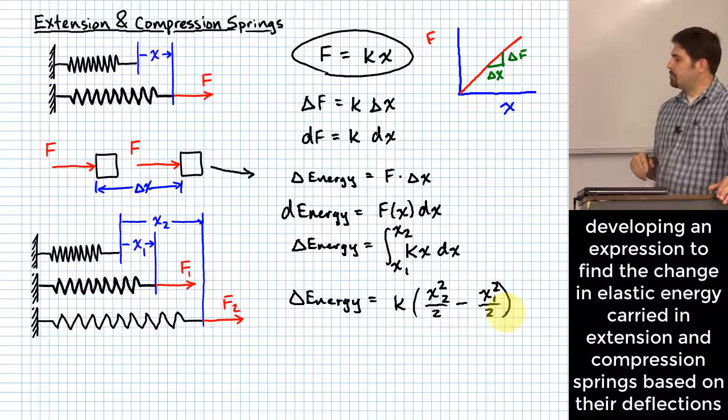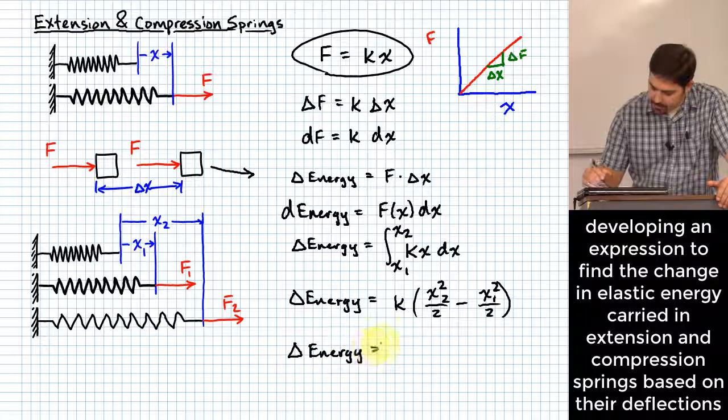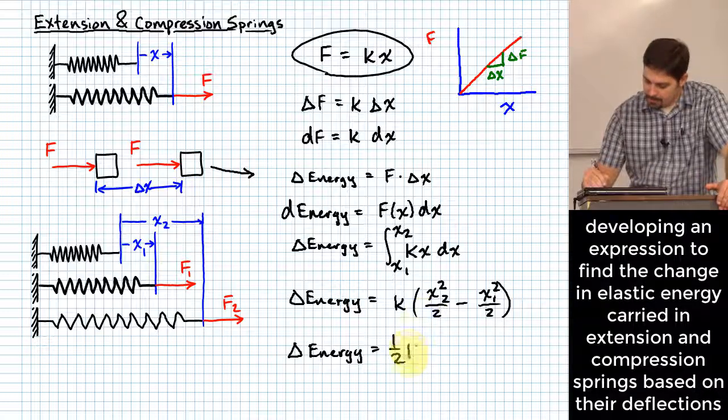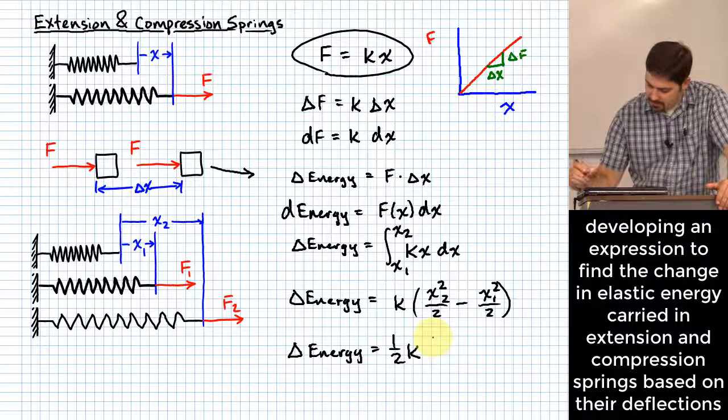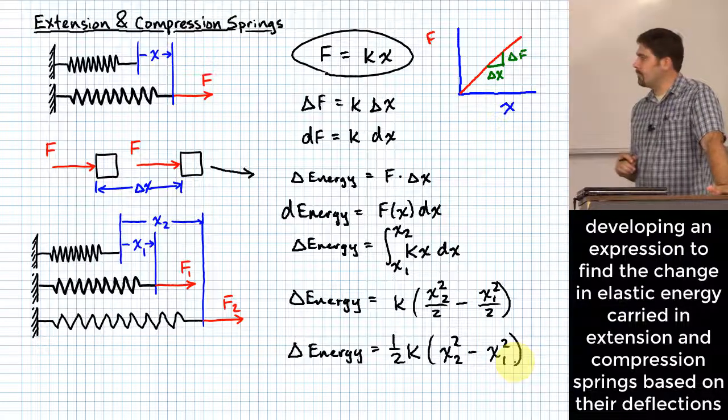Okay, but you don't usually see it written that way. You usually see the change in the energy being equal to 1/2 k times the difference in the squares of your two x positions, pulling out the 1/2 that's in both of those terms.